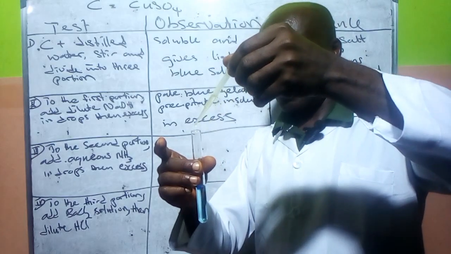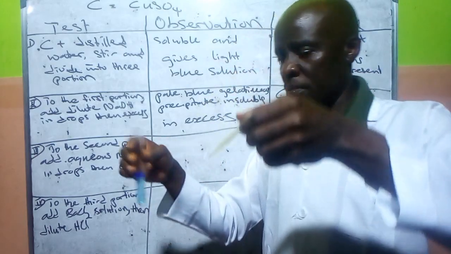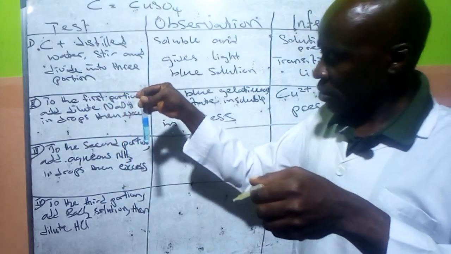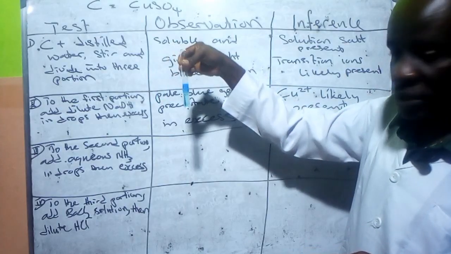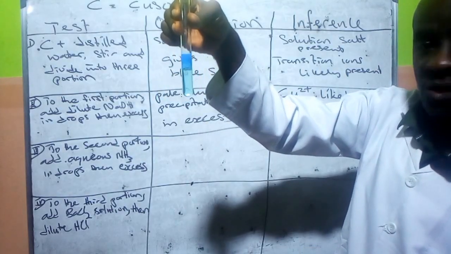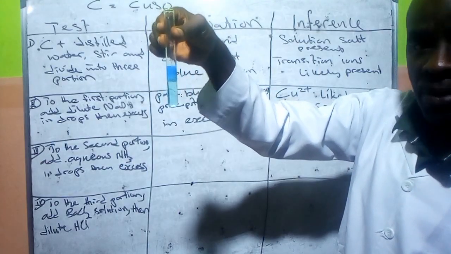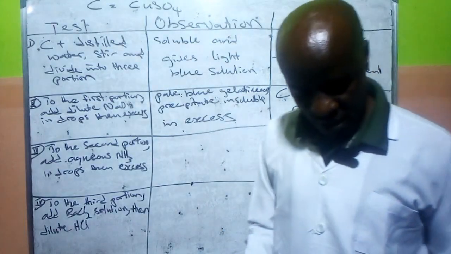So I put in a drop. You can see what we have. Pale blue gelatinous precipitate, that is what we have too. That is the reaction with aqueous ammonia. It gives us pale blue gelatinous precipitate, as you can see here. Then let's see what we have in excess.